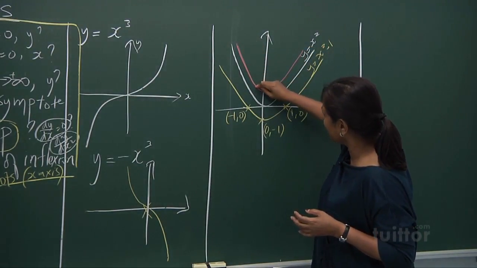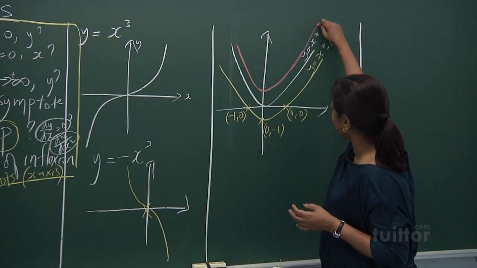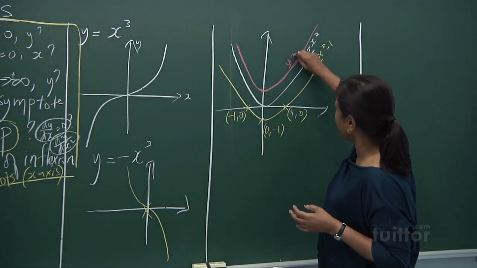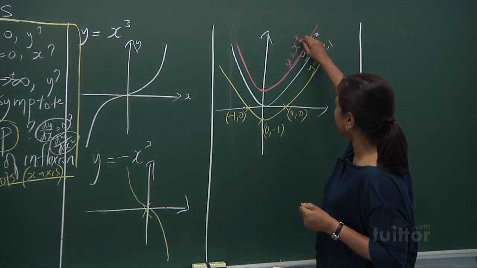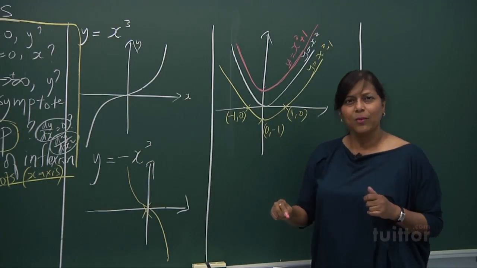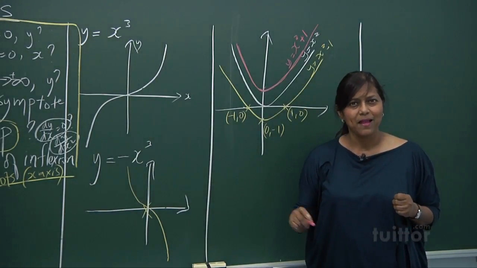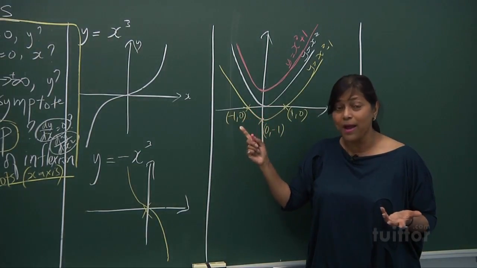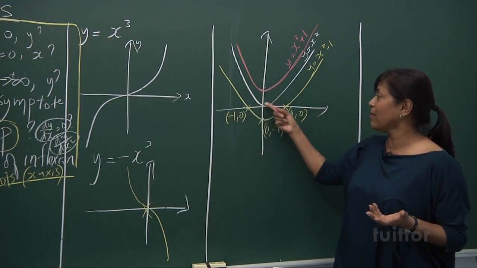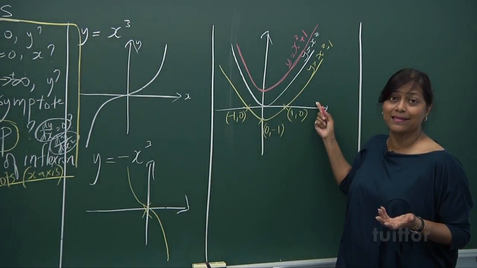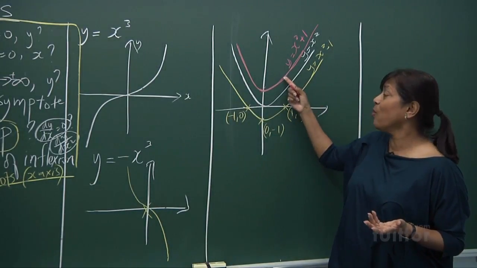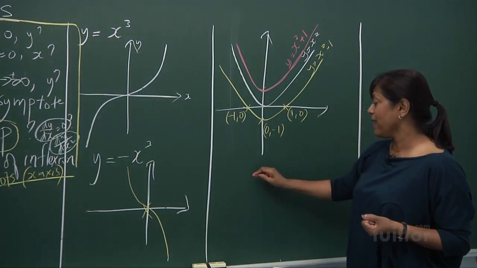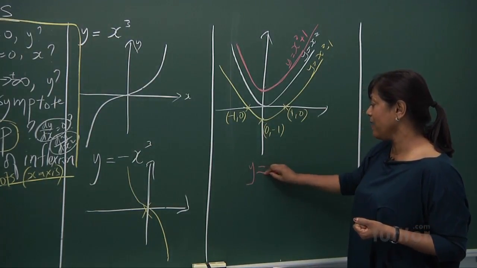The name of this graph is y equals to x squared plus 1. What does this graph tell you? Are there any roots? No. Why no roots? Because it's not cutting the axis, the x-axis. So there's no roots.